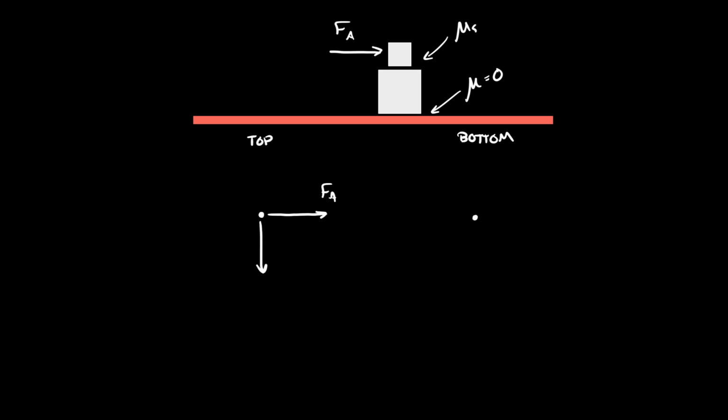Let's make the top box MT for top. It's definitely going to experience a normal force. We'll say normal force on the top box. Any other forces acting on the top box? Friction. There will be a frictional force.